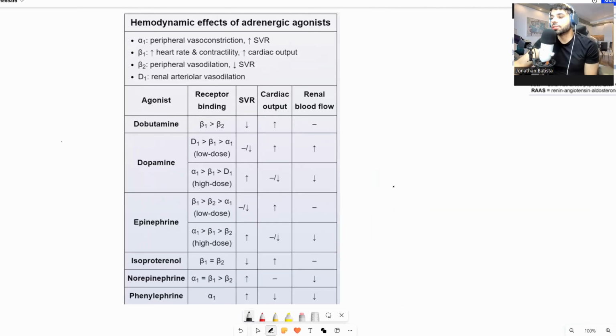Notice how I mentioned the renal blood flow decreasing with an increase in norepinephrine. And that's what will stimulate that RAS system, the renin-angiotensin system. Notice everything that we're mentioning here is making sense. These are drugs. This is how they're playing around with everything that we spoke about.